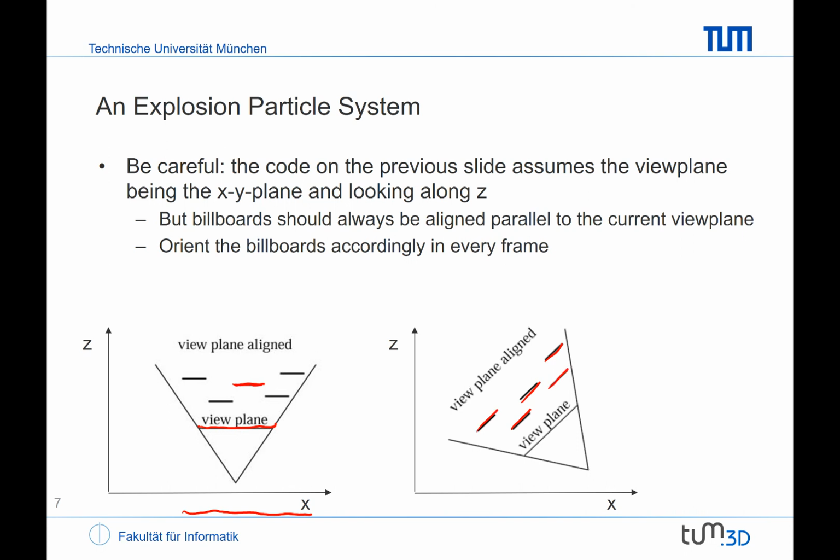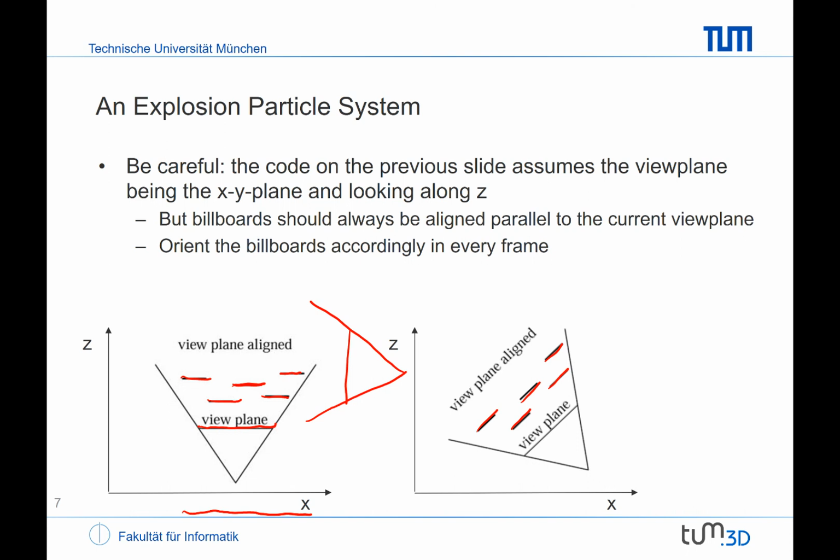I always want the billboards oriented parallel to the current view plane, because if not, and I'm looking from here onto the scene, then if the billboards are in this initial orientation, I don't see them at all, or I only see them as single lines, but not as an areal element anymore.